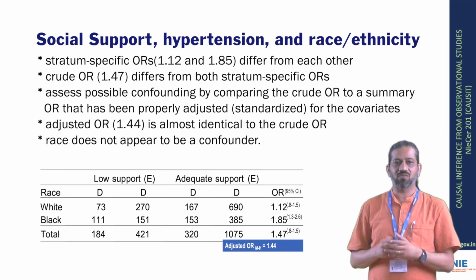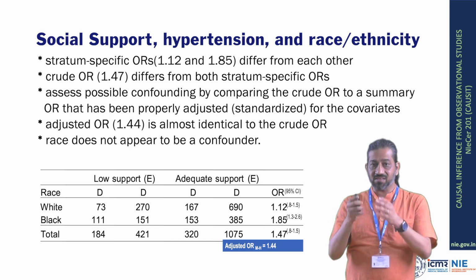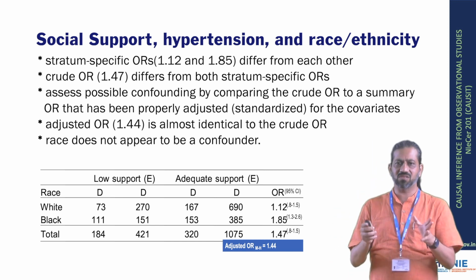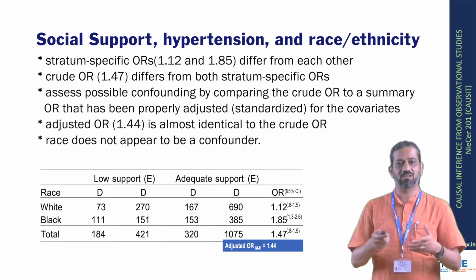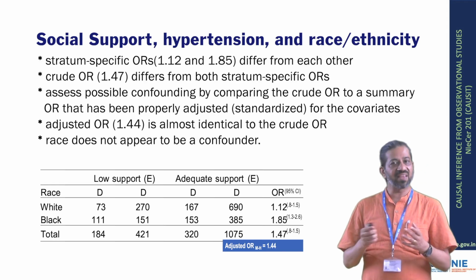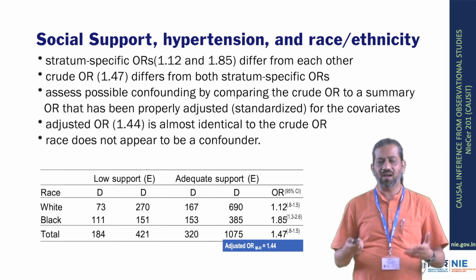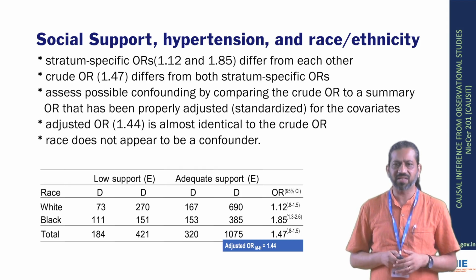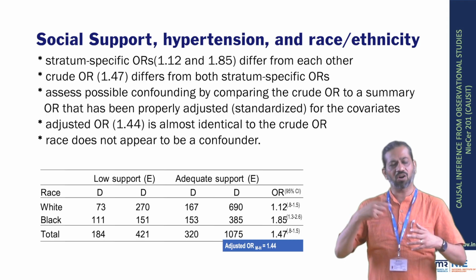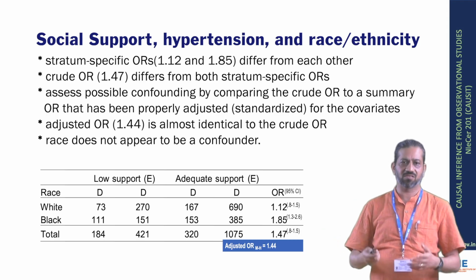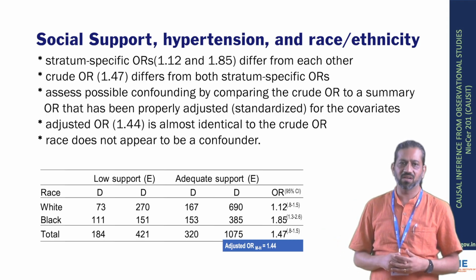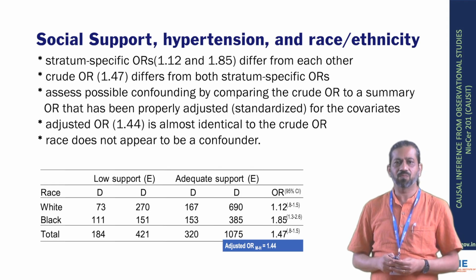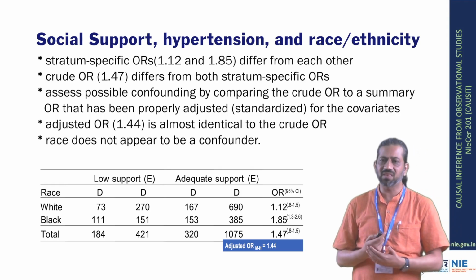So here what we see is that the adjusted odds ratio is almost similar to the crude odds ratio, and so probably race does not appear to be a confounder for the effect of social support on hypertension. And so we need not report the adjusted odds ratio, and finally what we would report is the crude odds ratio.